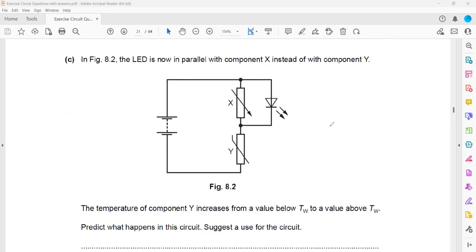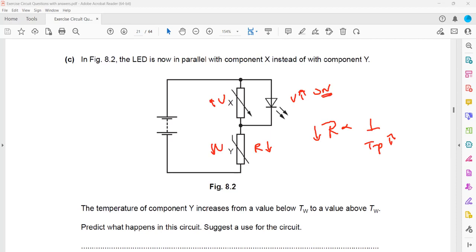As they mention here, the temperature increases, and resistance and temperature are inversely proportional. So as the temperature starts to increase, resistance decreases. If resistance decreases, there will be less voltage here. In comparison, more voltage across the LED, and the LED will be on.